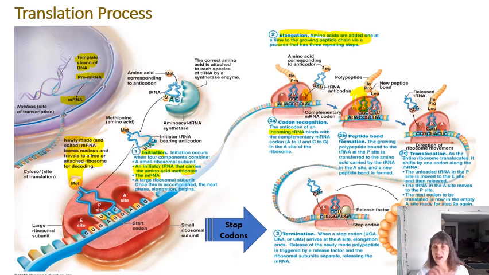So the entire ribosome is moving along the messenger RNA, and it locates things in different spots. That's what translocation refers to as it moves along the messenger RNA. New amino acids are going to be brought by transfer RNA to the A site.